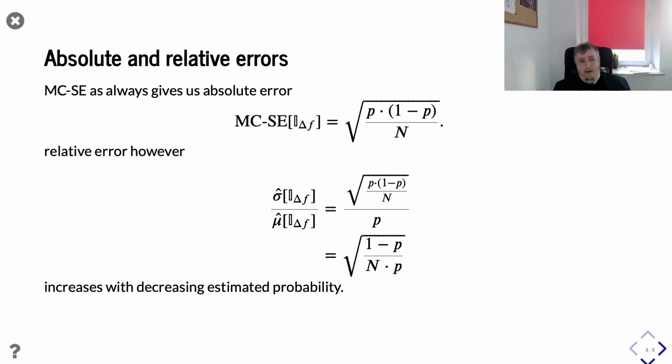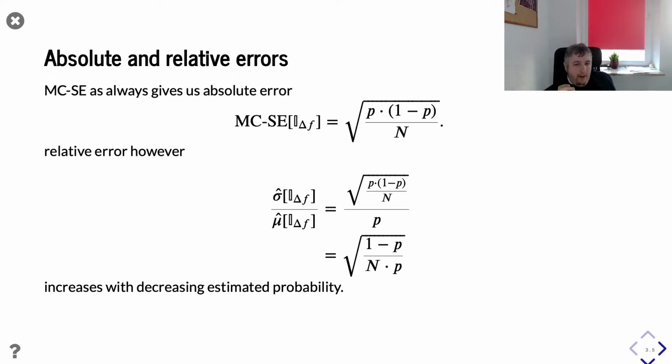If we, however, are interested in relative error, things become a bit more interesting. Because, of course, the computation itself is very easy. But the relative error is inversely dependent on the estimated probability.